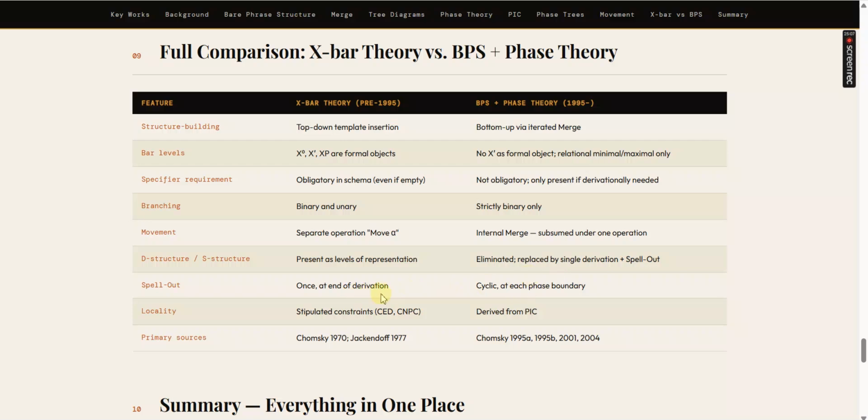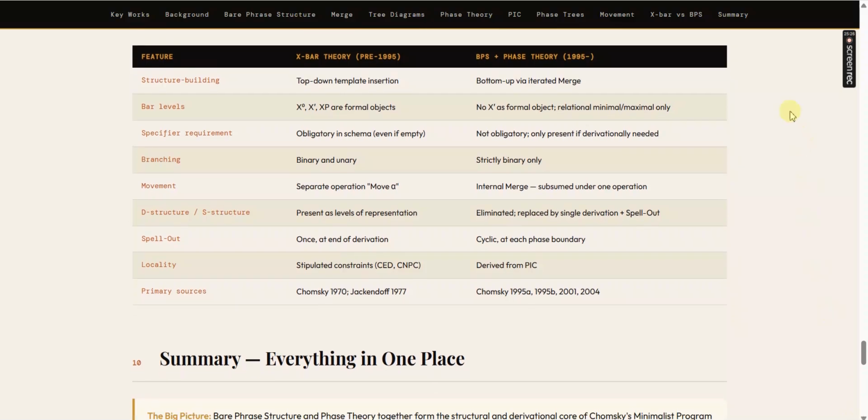Spellout once at the end of the derivation, and here in BPS it is cyclic. Locality is a stipulated constraint, and here derived from PIC. These are the primary sources from where data is collected.